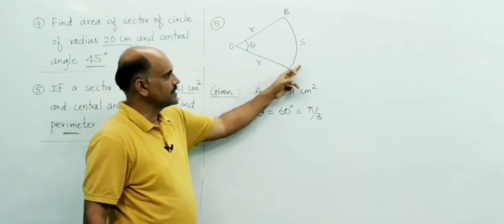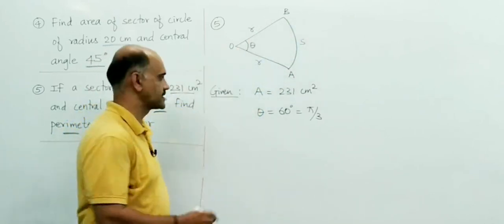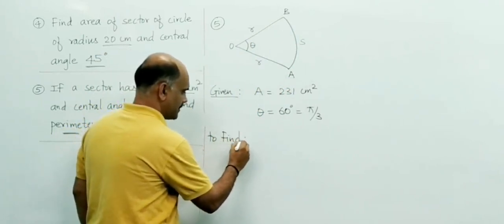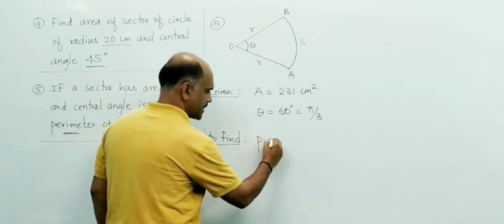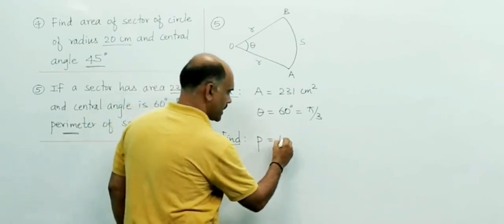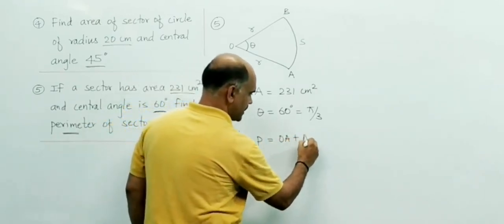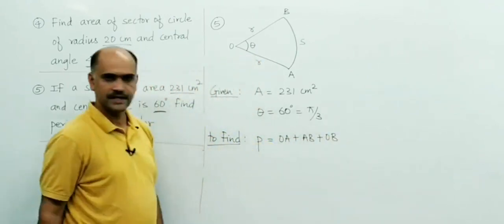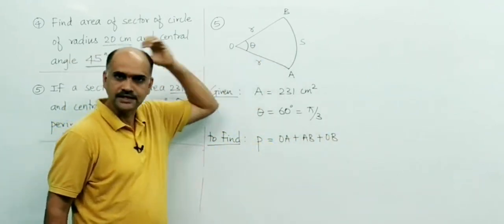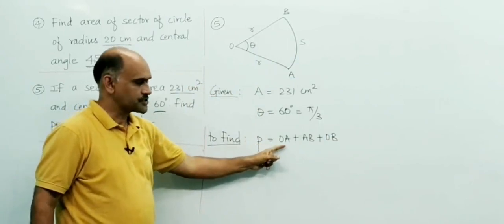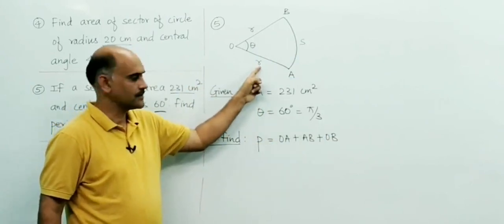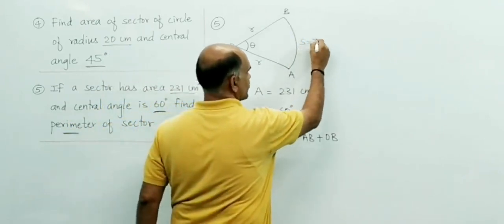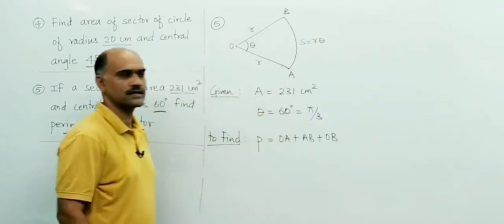Perimeter means sum of all sides. I will denote it as P, that is OA plus AB plus OB. Perimeter is nothing but the sum of all three sides. If I substitute, OA is R, AB is S, and we know the formula S is equal to R theta.